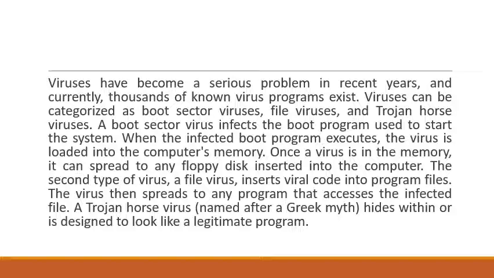For example, the boot sector virus infects the boot program used to start the system, and the second type, the file virus, affects our program files. Such file viruses can spread from one program to another program.